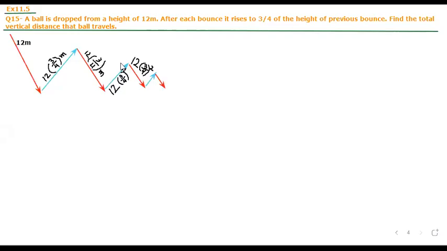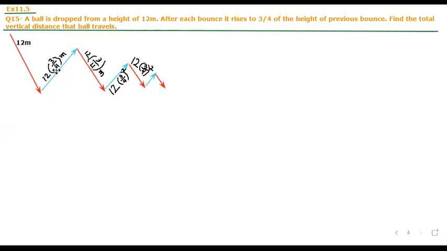So, as given in question number 15, a ball is dropped from a height of 12 meters. And then after each bounce, it rises up to 3/4 of its previous bounce. So we can see that this distance was 12 meters, but the next distance is reduced by 3/4.